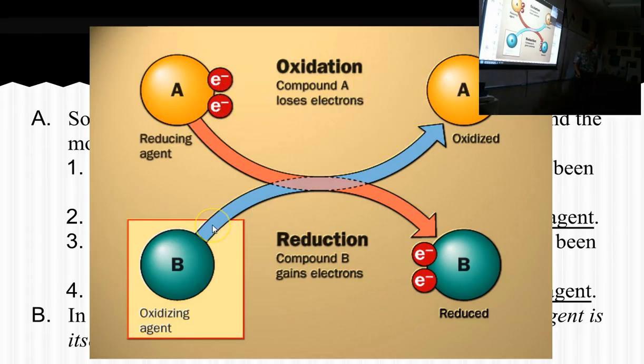Element B has been reduced because it gained 2 electrons. But notice that B is the oxidizing agent because it's what oxidized A. So the oxidizing agent is reduced, and the reducing agent is oxidized. That's what happens in a redox reaction.